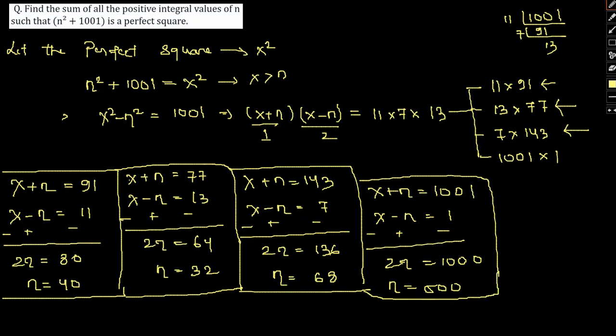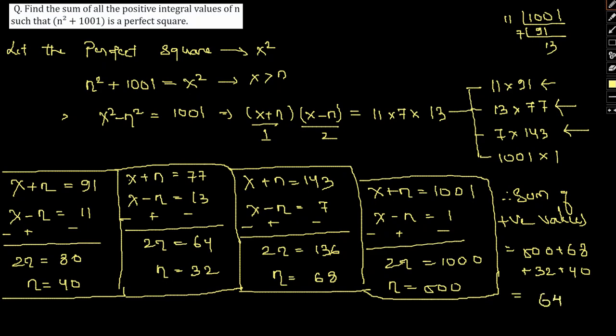Now what I have to find is the sum of all positive integral values. So the sum of positive values will be 500 plus 68 plus 32 plus 40. So 640 will be our answer.